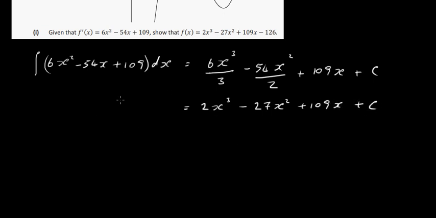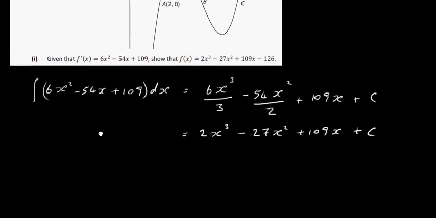Now we were given this function and asked to show that it's equal to this. We have the 2x cubed, the minus 27x squared, the plus 109x, but we don't have the minus 126. We have our constant of integration c, so we've got to look for this minus 126. How are we going to do that?